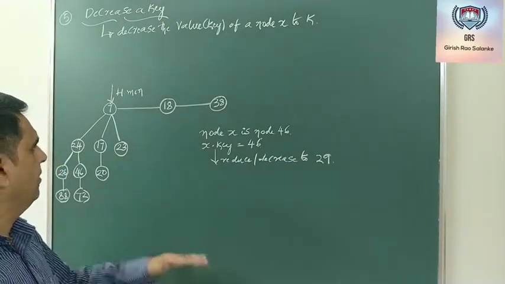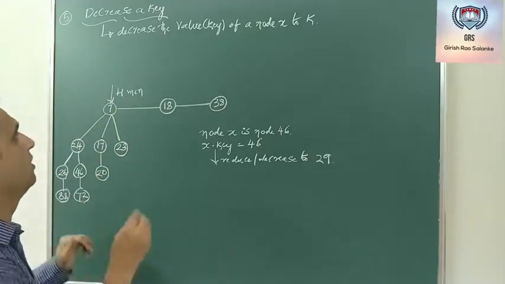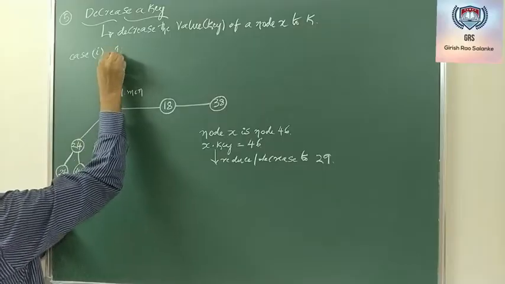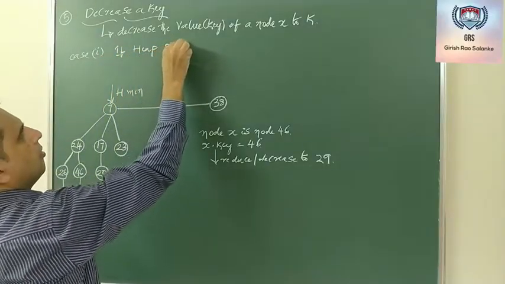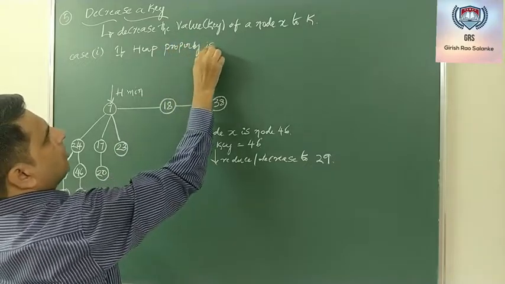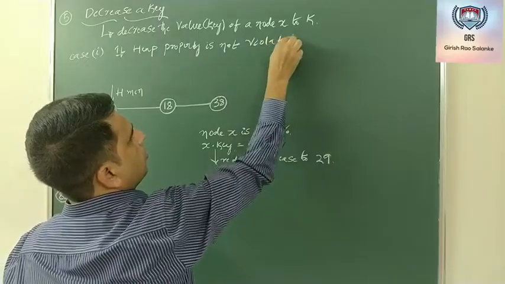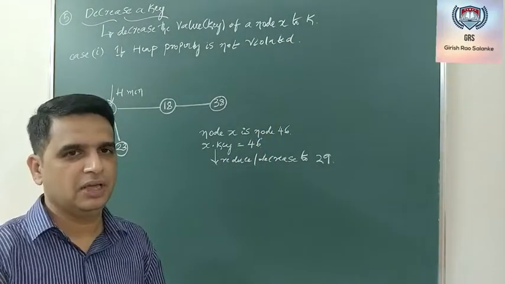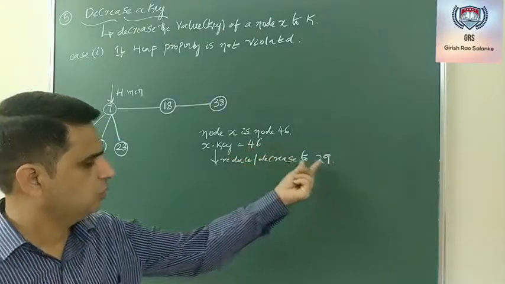Now while decreasing a key value, we come across two different cases. First case, if the heap property is not violated. Heap property in the sense, the min heap property is not violated. Say I want to decrease 46 to 29.